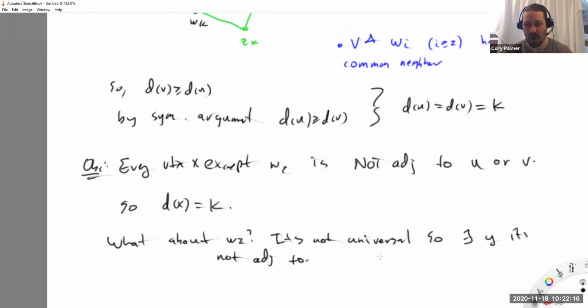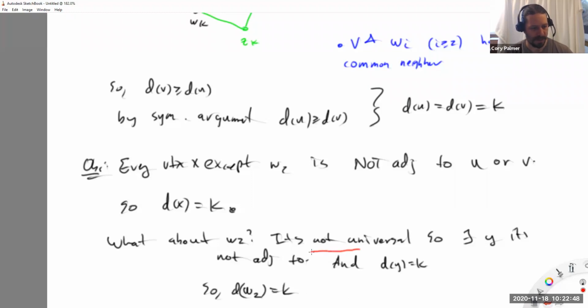What's the degree of Y though? D of Y equals K, because Y was either not adjacent to U or not adjacent to V, just like we established everything was degree K. And now I have W2 and Y not adjacent to each other, so they have the same degree as one another by repeating the argument above. And Y has degree K, so W2 has degree K.